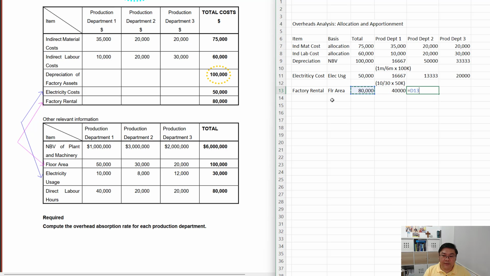On the other hand, you have 30 out of 100, and finally you have 20 out of 100. Okay, so this will be the total overheads that you have allocated and apportioned. Let's see if I could just add this up.